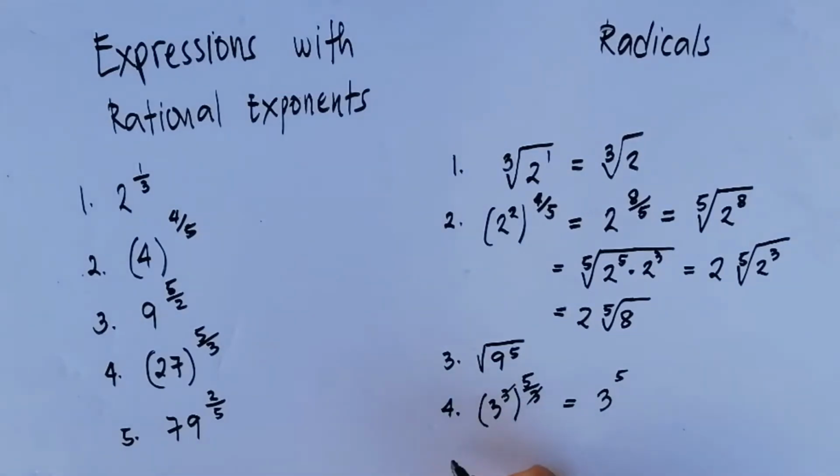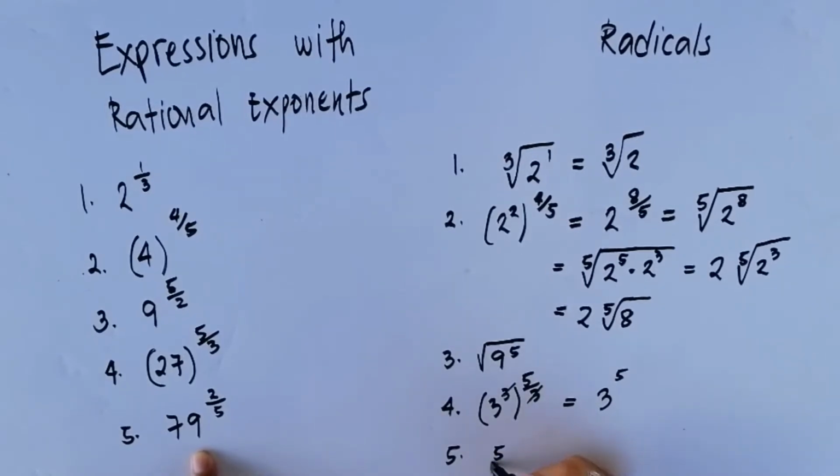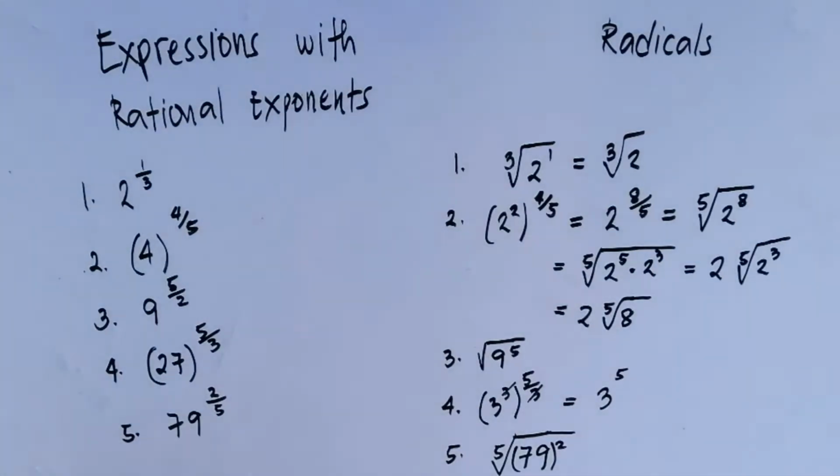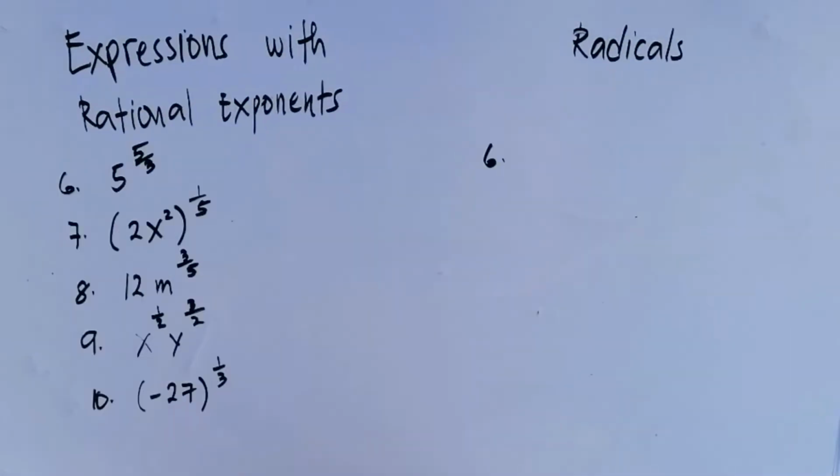For number 5, that is the 5th root of 7 squared.